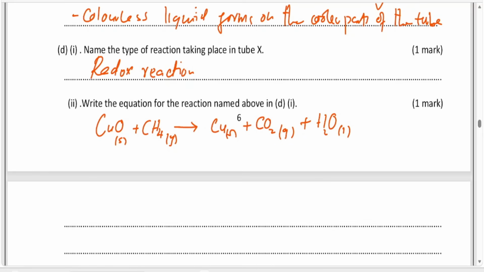So when I look at the balancing: copper 1, oxygen 1; oxygen 2, 3; then carbon 1, hydrogen 4, hydrogen 2. I balance the hydrogen, it becomes 2. I balance the oxygen, it becomes 4. Then copper becomes 4, I put a 4 there, and the equation becomes balanced. Please don't forget to write the state symbols and balance the equation for you to score one mark.